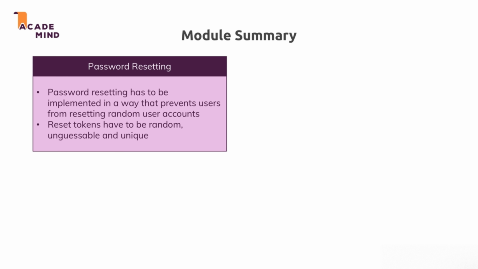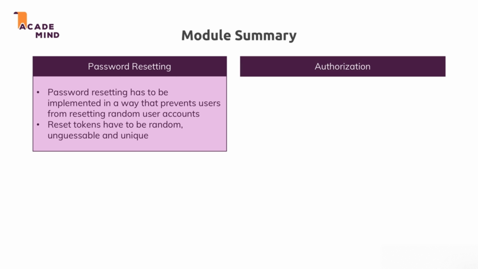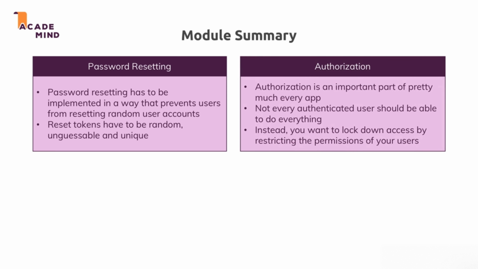We also had a look at authorization. And authorization is all about locking down access for authenticated users. Because just because you're authenticated, you're not allowed to do everything. You might be logged in to your Udemy account, but you can't edit my course because you're not the creator of the course.